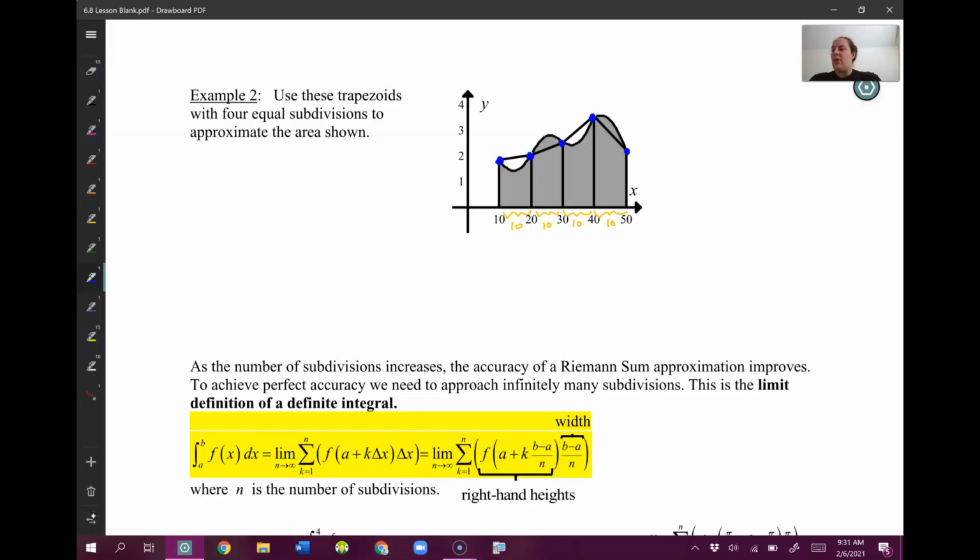The y value at 10 was 1.8, just looking at that table in your notes. The y value at 20 is 2. The y value at 30 is 2.5. The y value at 40 was 3.5, and the y value at 50 is 2.2. So what I want you to do, pause the video, find the area of all 4 of these trapezoids, and then add them together to get your final answer.